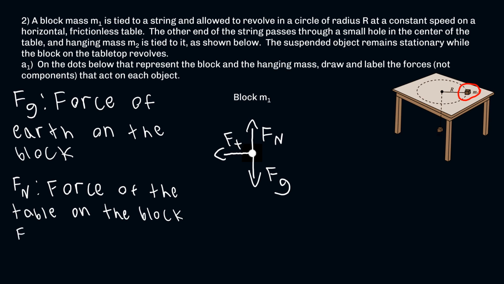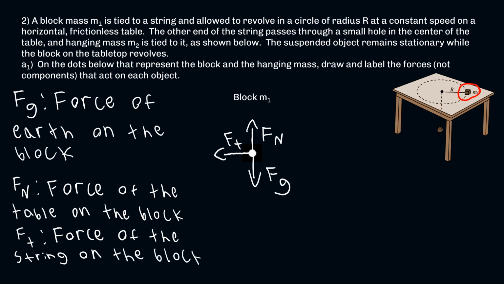So we have here F subscript T, and that is the force of the string on the block. All right, and that should be all our forces because we are only in contact with the string and the table, and our non-contact force here is Fg straight downwards.